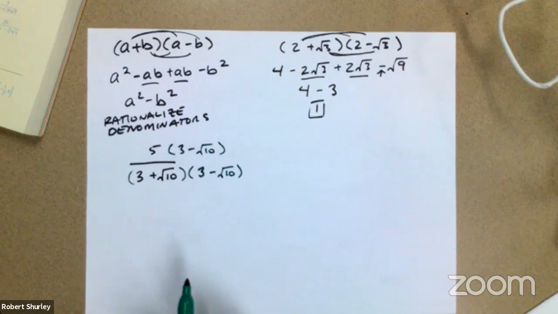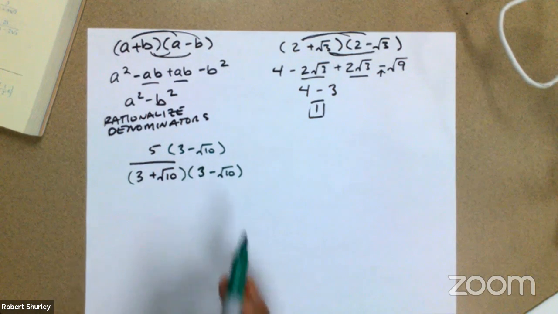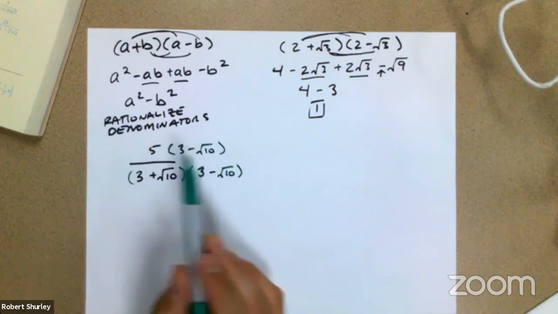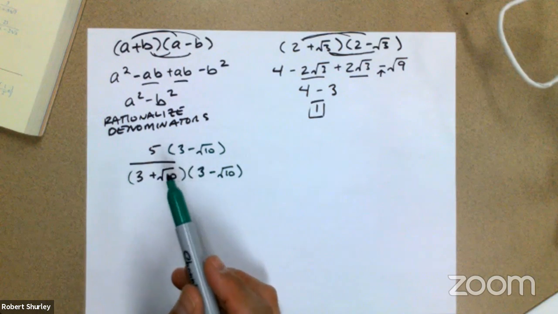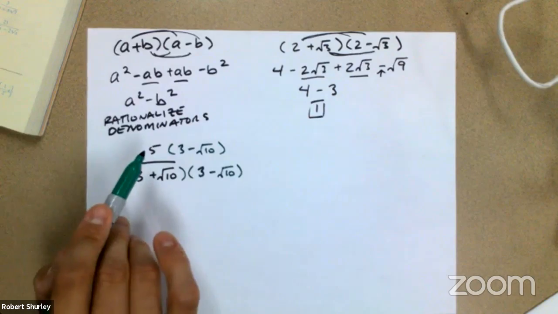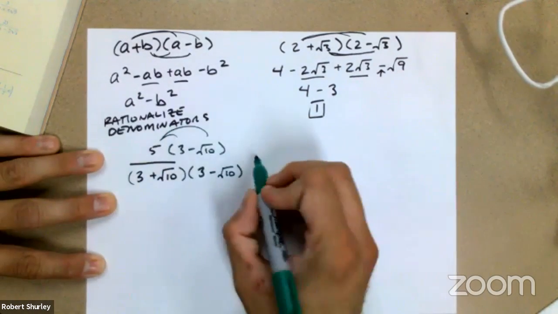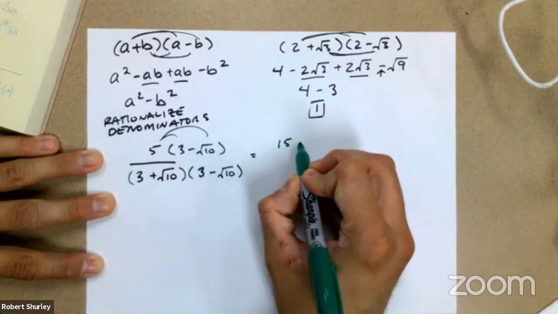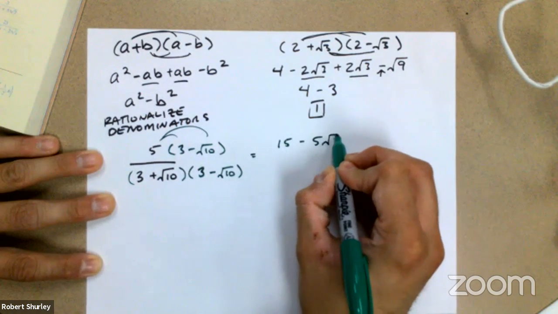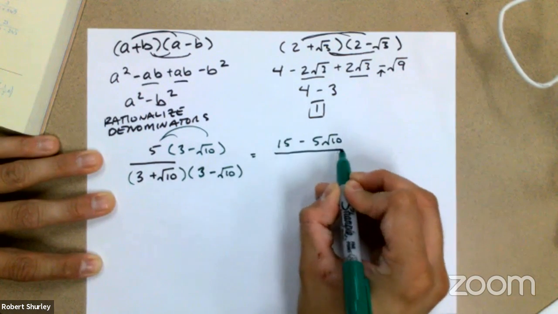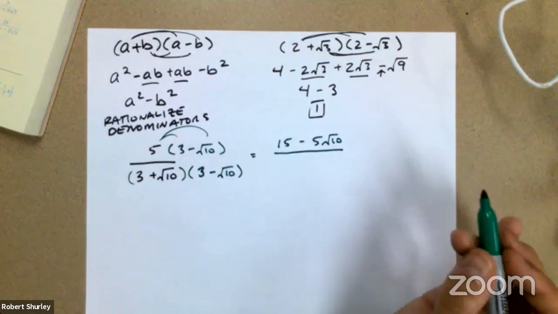Check this out. We're going to multiply top and bottom here. Actually, we're going to leave the top factored. I'm not going to multiply that 5 through, because if something simplifies, it'll be easier if the 5's on the outside. Well, no, not the way I taught it. Never mind. Let's multiply this 5 through. So we get 15 minus 5 square root of 10 over.